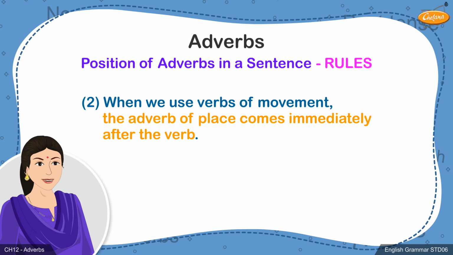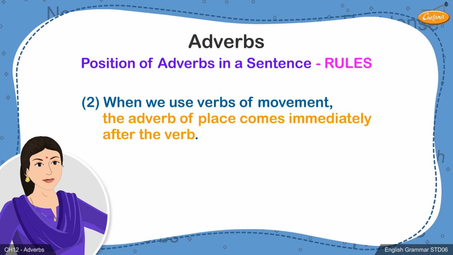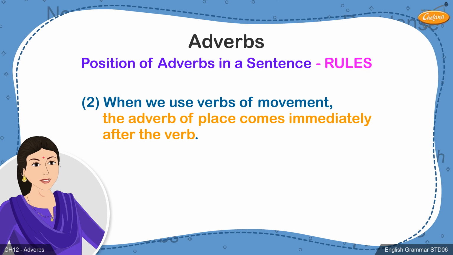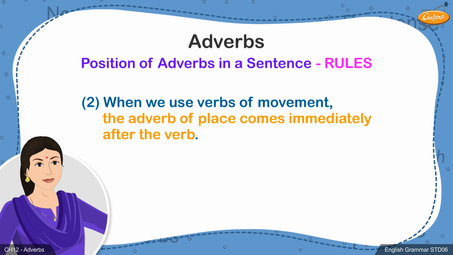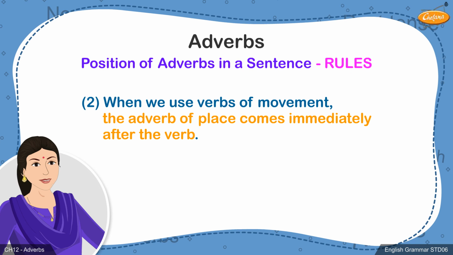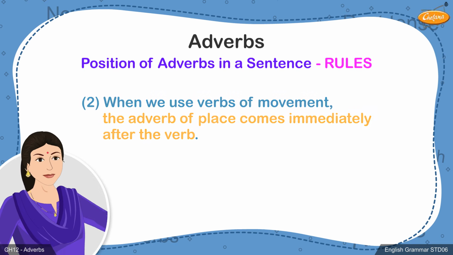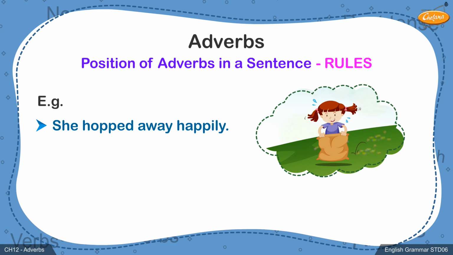The second rule related to the position of adverbs is when verbs of movement are used in any sentence, the adverb of place comes immediately after the verb. This could be followed by the adverb of manner and time. For example, she hopped away happily.